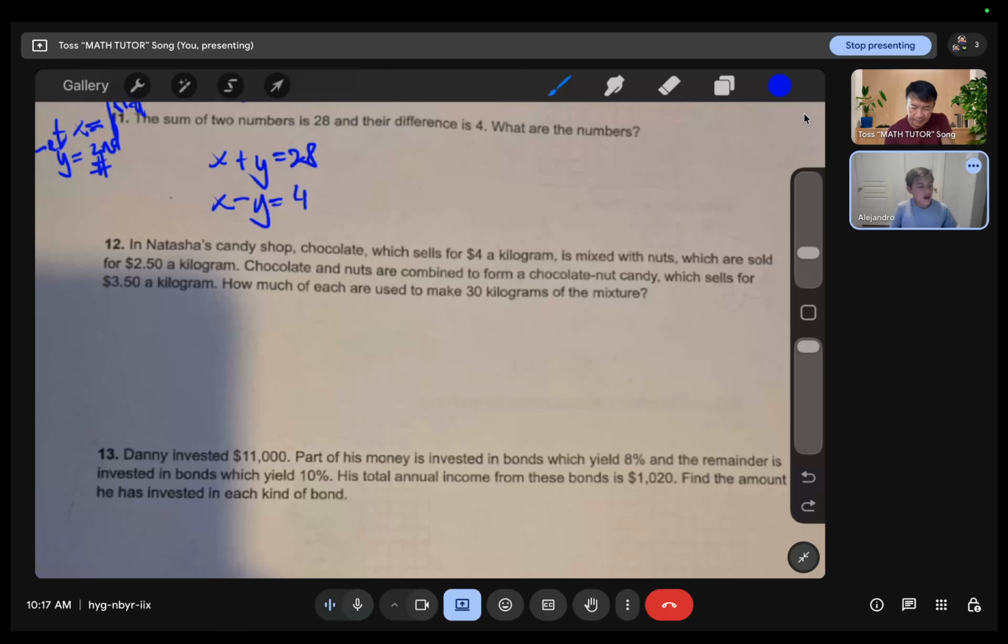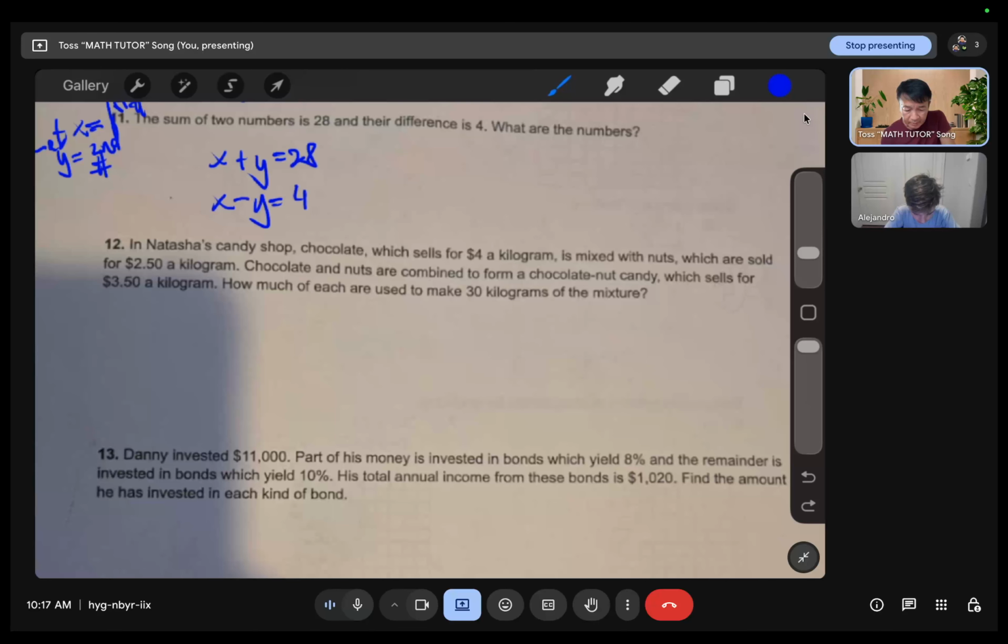In Natasha's candy shop, chocolate, which sells for $4 a kilogram, is mixed with nuts, which are sold for $2.50 a kilogram.